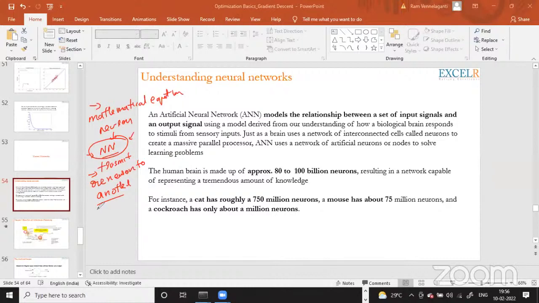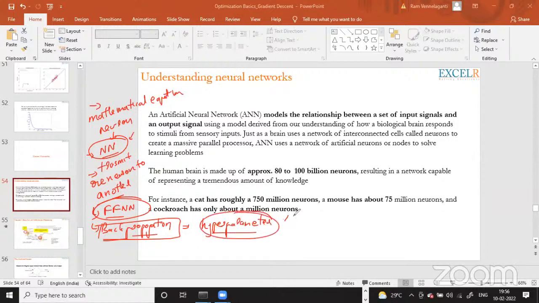We are also going to touch upon some topics like feed-forward neural networks, backward propagation, and then we are going to discuss our hyperparameters. Today we have seen one hyperparameter, the learning rate.